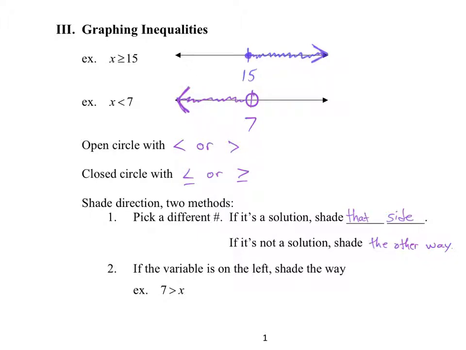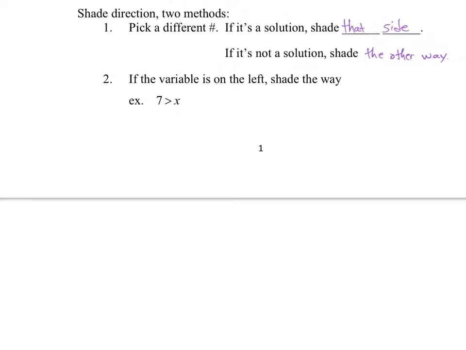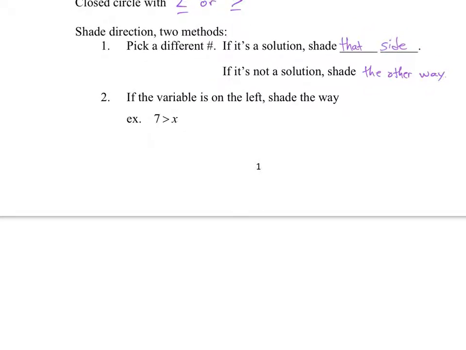Now the problem comes in if your mean teacher or textbook gives you a problem like this. Can we shade the direction of the arrow? No. So if you want to, 7 is greater than x is the exact same as x is less than 7. So you could make it so the variable's on the left, and then right up above that, number 2: if the variable's on the left, shade the way the arrow points.